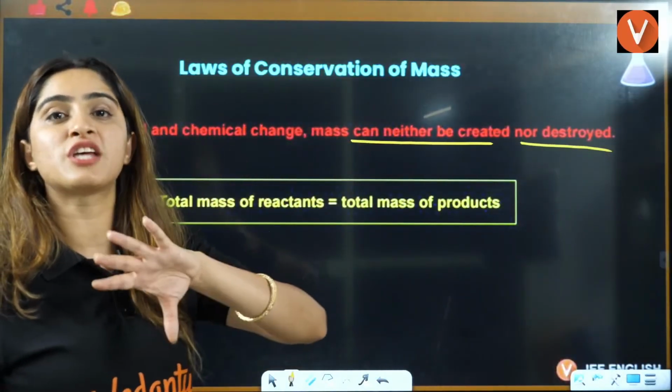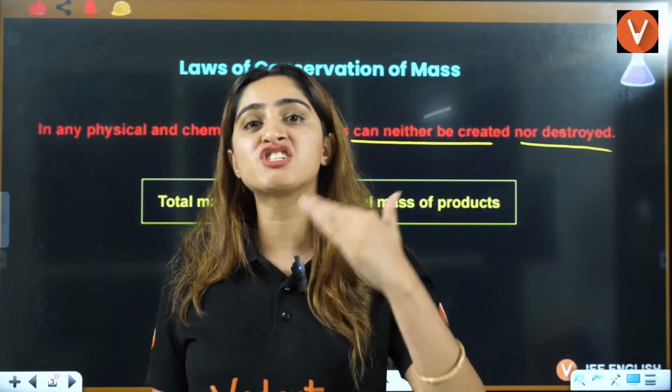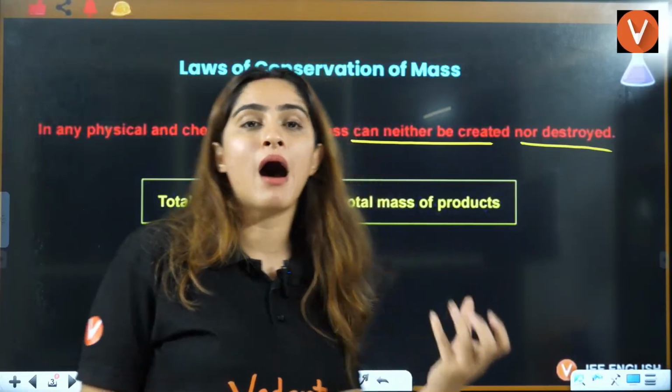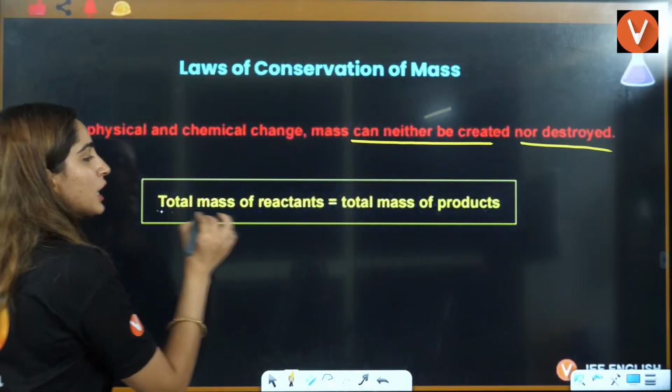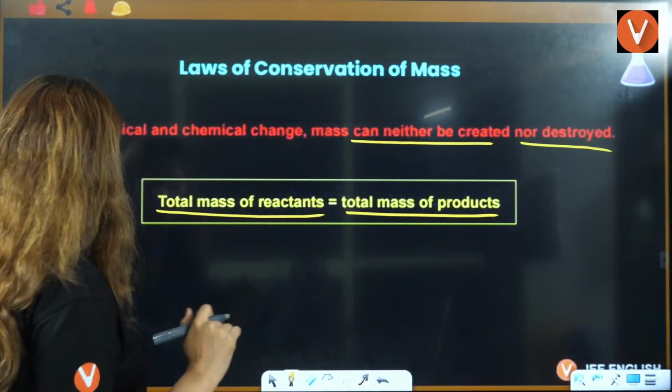It can only change from one state to another, it can only change its arrangement. That means the mass of reactants will be equal to the mass of the products. This is what we mean by the law of conservation of mass.